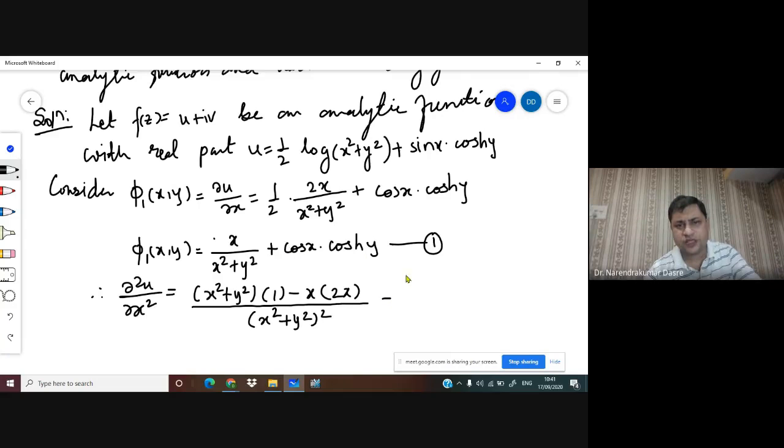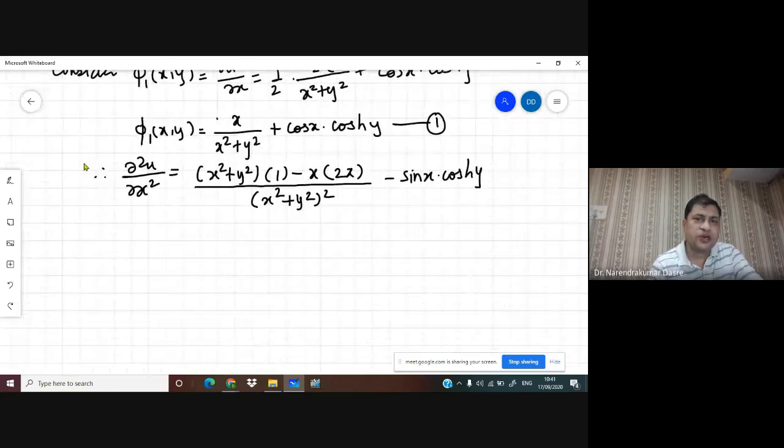And the derivative of the other term is going to be minus sine x cos hyperbolic y. Remember that we are finding the derivative with respect to x, so this term will be treated as a constant. Now simplify this.